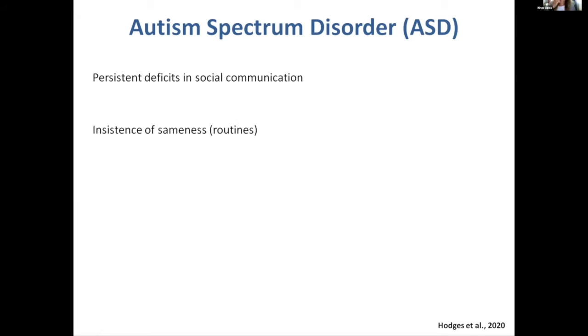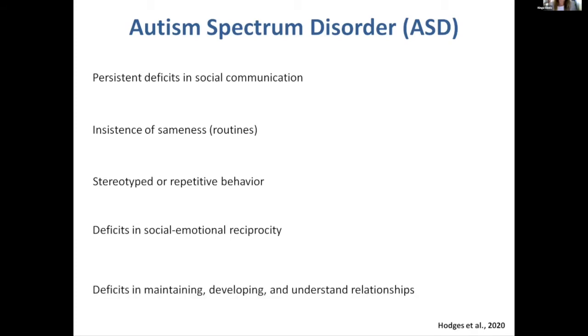Symptoms of autism spectrum disorder appear in early childhood and persist to adulthood, often having a negative impact on everyday life. These symptoms are as following: persistent deficits in social communication, insistence of sameness, inflexible adherence to routines, stereotyped or repetitive behavior, movements, use of speech or use of objects, deficits in social emotional reciprocity and failure to reciprocal conversation, deficits in maintaining, developing and understanding relationships, difficulties in making friends or lack of interest in peers, hyper or hyporeactivity to sensory input, or unusual interest of sensory aspects of environment.